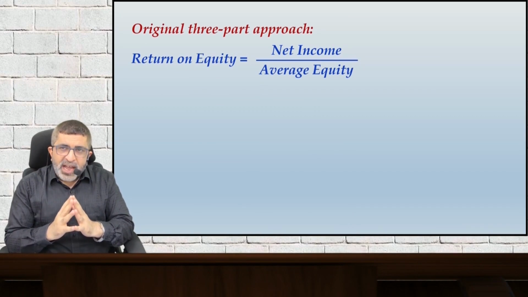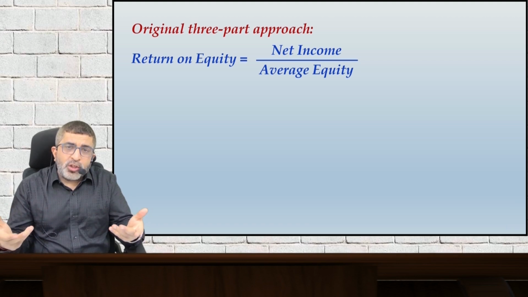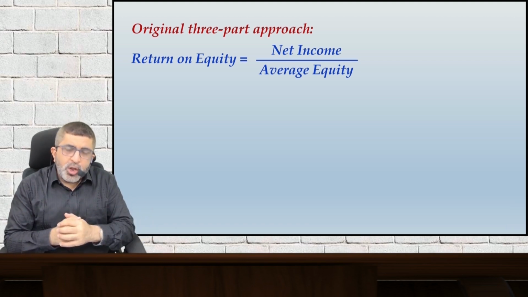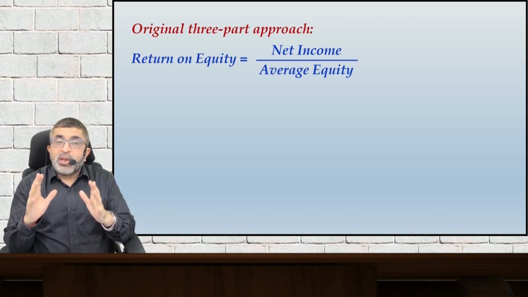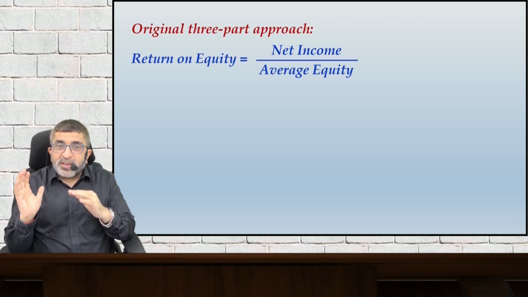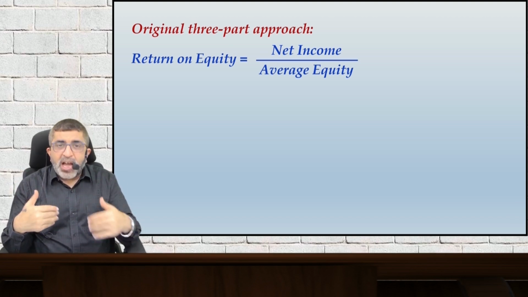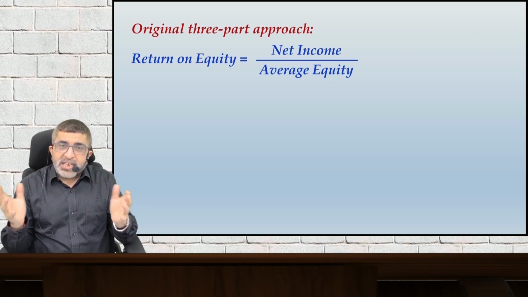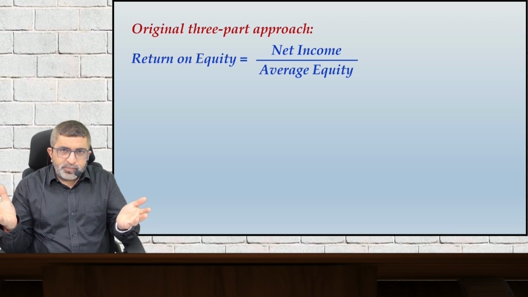It resembles that the shareholders, what return they could generate on the investments that they have made, collectively all shareholders taken together. So when we talk about equity, it basically represents the shareholders funds, which will include the share capital and all the components of retained earnings, and this you have to take as an average.